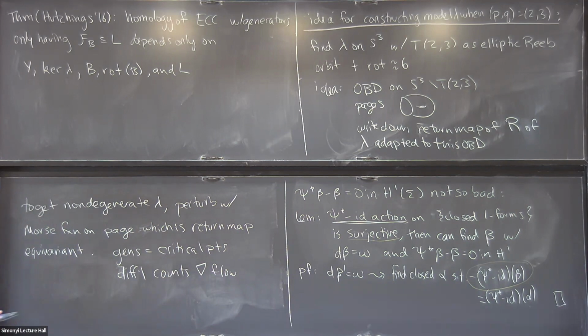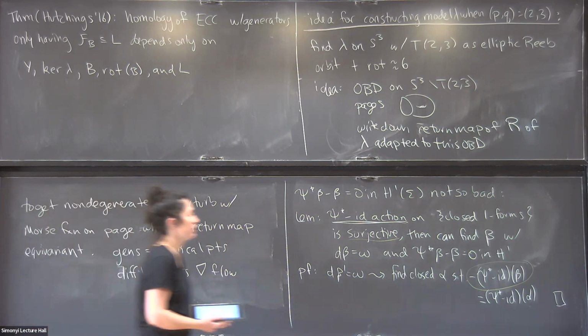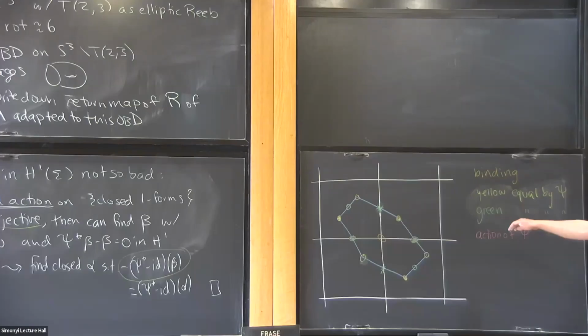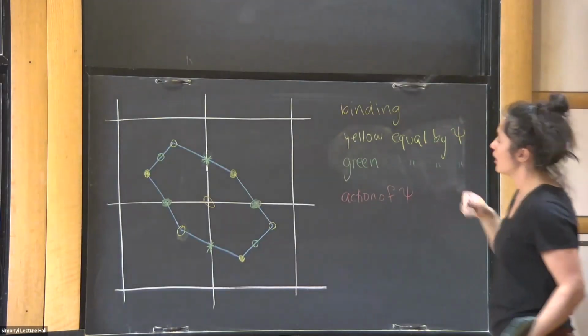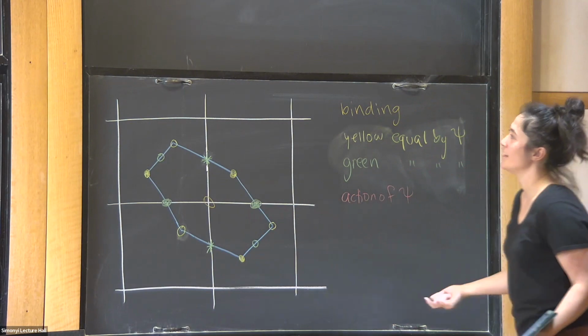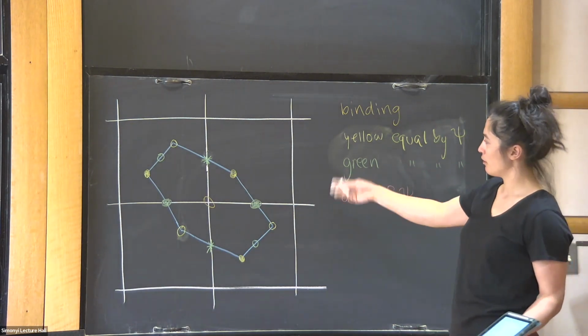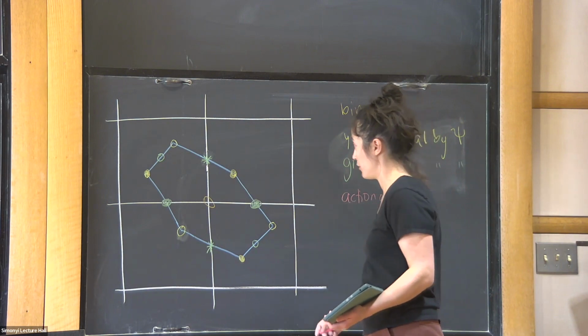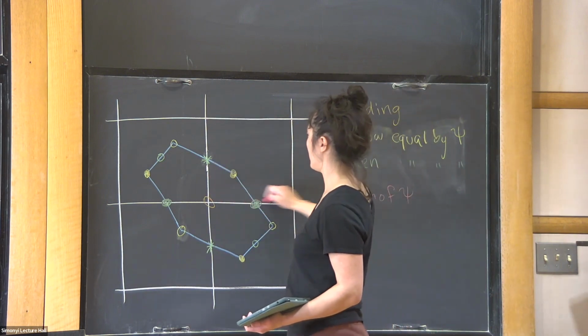So in the last few minutes, I will explain this picture, which is doing this procedure for T23. What I've drawn is a hexagon on a plane. As you might know, you can think of the torus as R2 quotiented by Z2. So there are a lot of fundamental domains here for the torus, like one's right here, for example.